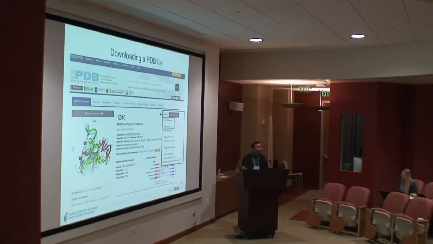Now, if you want to download a sequence file of this structure, you will go to download files and then download the FASTA sequence. And then there is a PDB format, which provides atomic coordinates of these structures, so you can download that.